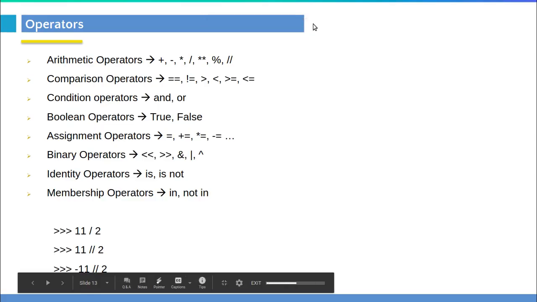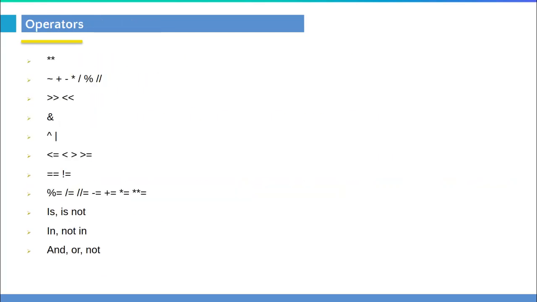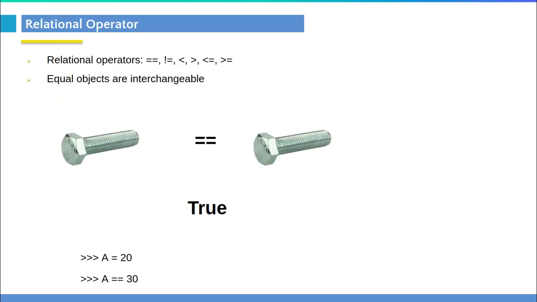Right now we have tried using a comparison operator. Similar comparison operators are self-explanatory, so as and when we use them you will understand. And Boolean operators, that is True with a capital T and False with a capital F. Those are case sensitive, guys, so we have to remember: if it is True, then T has to be a capital T, correct?